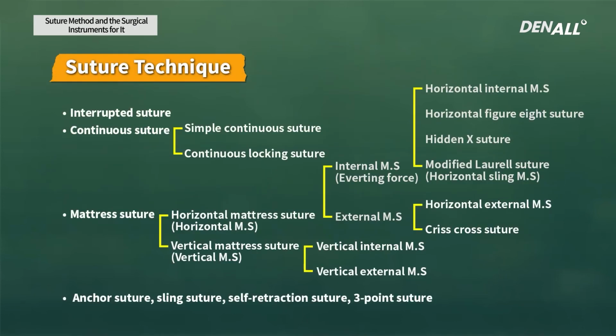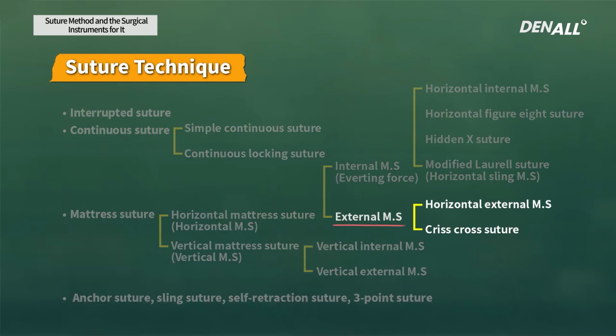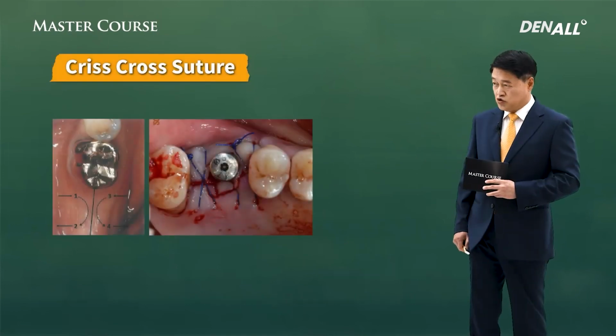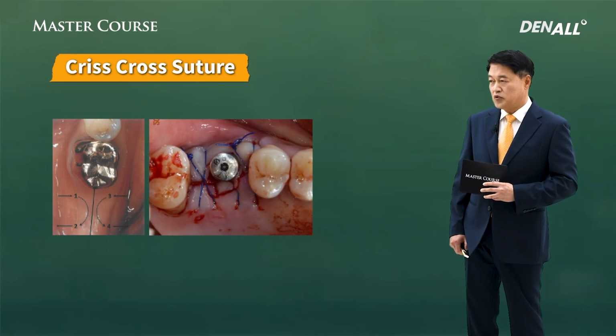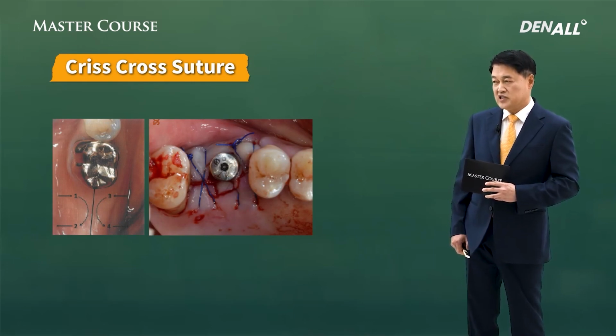Next, I'm going to talk about the mattress suture, the horizontal external mattress suture, and the crisscross suture. Now, the crisscross suture, as you can see, is one of the external mattress sutures, and from the buccal to the medial side it goes in and goes out to the distal side, and again on the lingual side going distal and goes out distal.